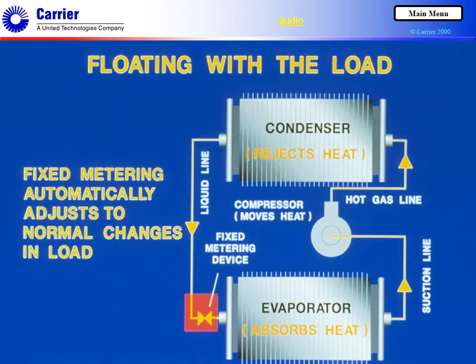The system will automatically adjust its capacity up as load increases and down as load decreases to exactly match cooling load with capacity. Please consult the compressor and evaporators modules of this series to see how this principle works. When the load drops below the system's ability to automatically compensate, the system cycles off.